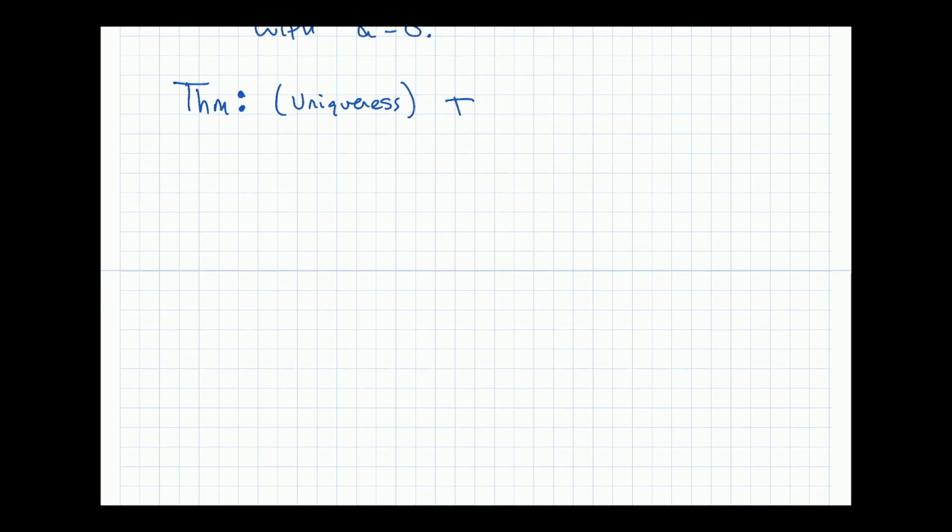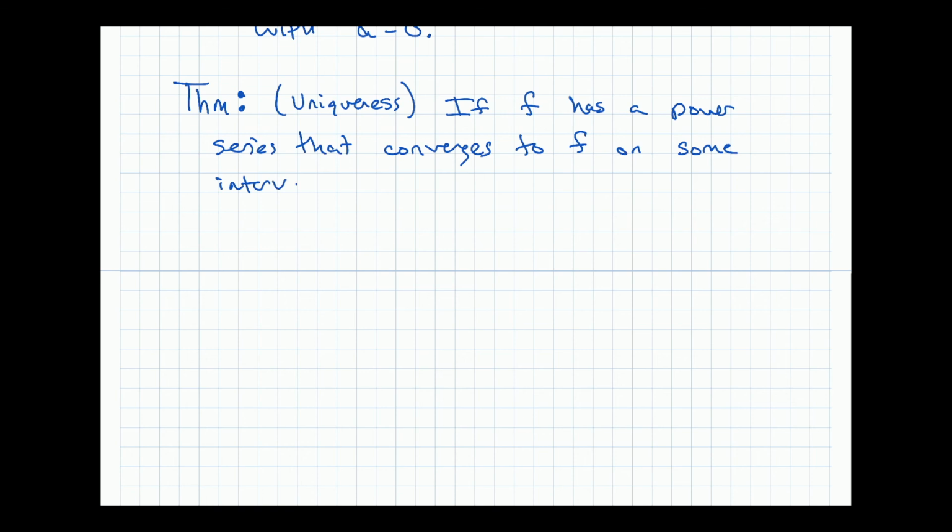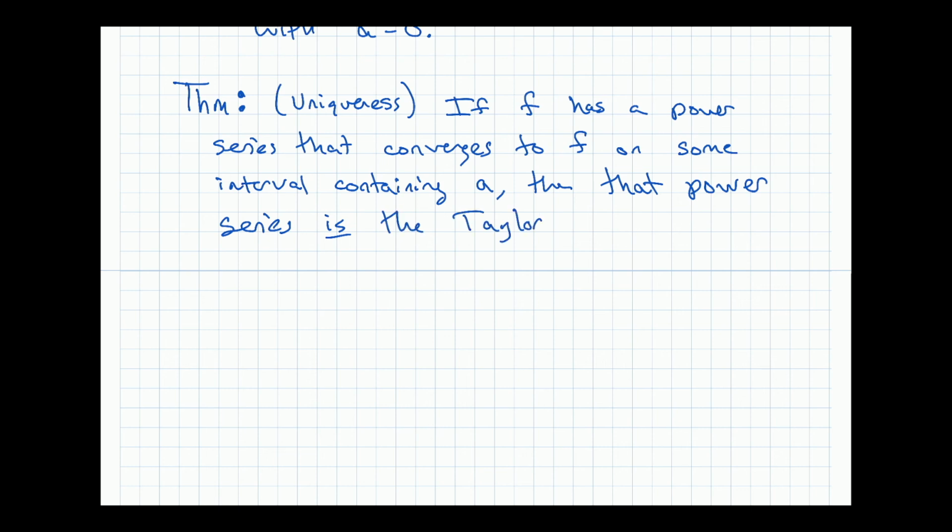So it says if f has a power series that converges to f on some interval containing a, then that power series is the Taylor series for f at a.